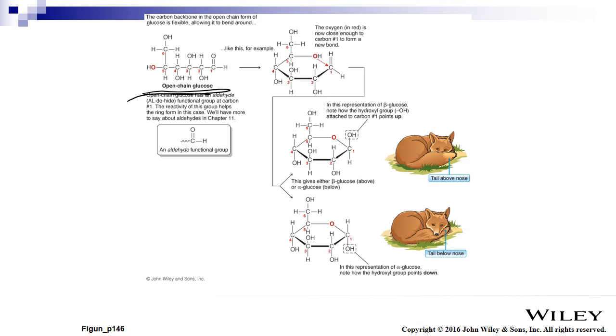Here we're trying to show what happens to that link if the OH group, here's a little OH group, if it's on top or if it's on bottom and how it's going to link to the next one. Sometimes they compare it to a fox where the tail's above the nose or below the nose. Just know the basics. If you want more information, go read your book on that part.